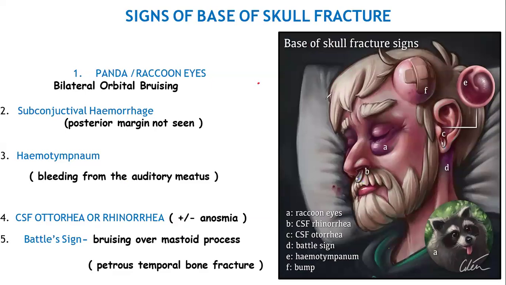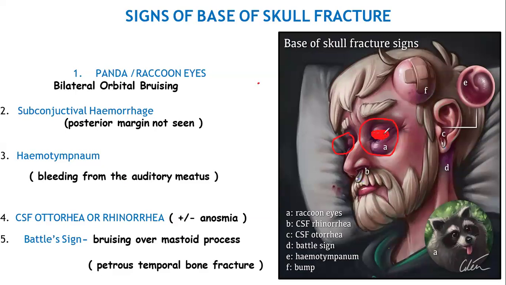You can see in this picture, there could be hematoma around the orbital region. That is called panda eye or raccoon eye. One sign. Second sign, you might have subconjunctival hemorrhages in which you cannot appreciate the posterior margin.